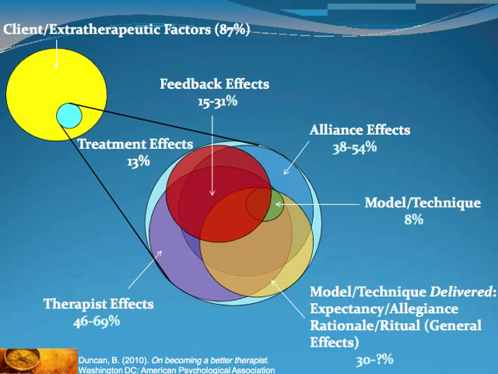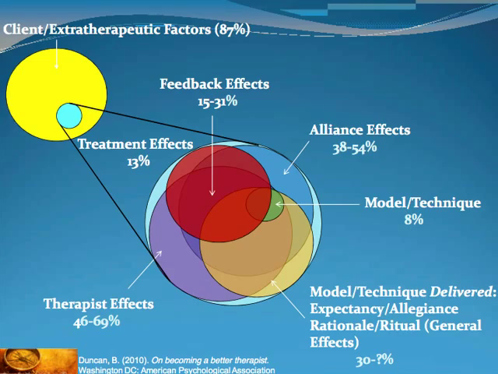This is the graphic for common factors research. It essentially looks at what causes clients to get better, what has an impact on outcome. The yellow circle in the top left, if you look at the total circle, that circle represents why change happens, why improvement happens.